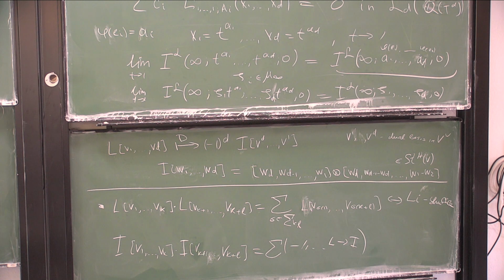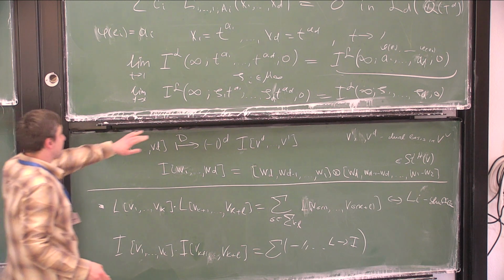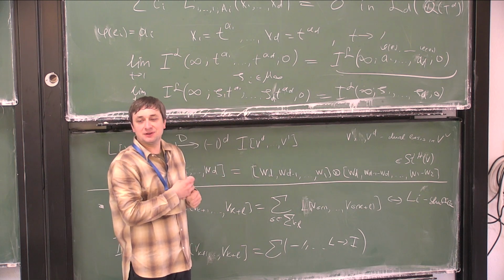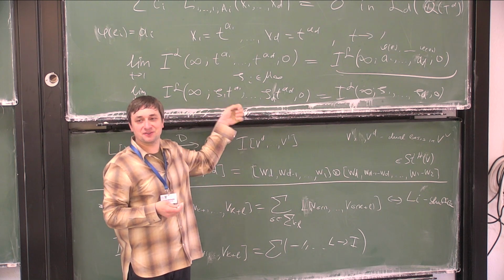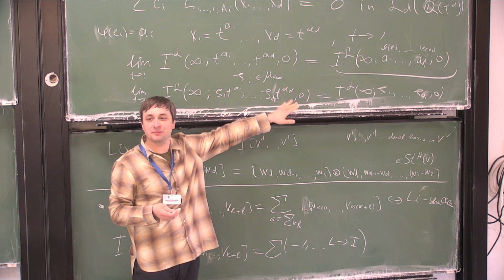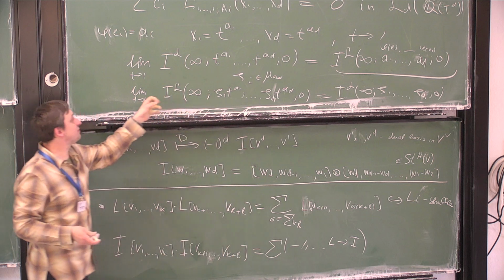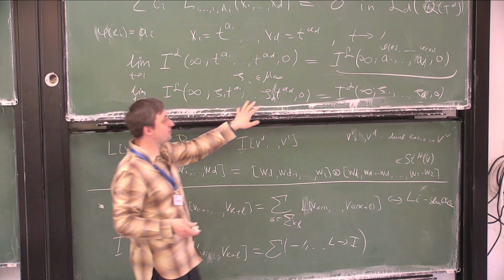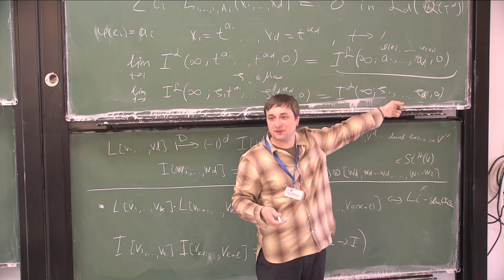So why does this limit not depend on the a's anymore? There's some kind of continuity of this function everywhere except the diagonal. So if you specialize it to any point which is not highly singular, this limit is actually a specialization map in this Lie algebra. It's well defined and it gives you this thing literally.